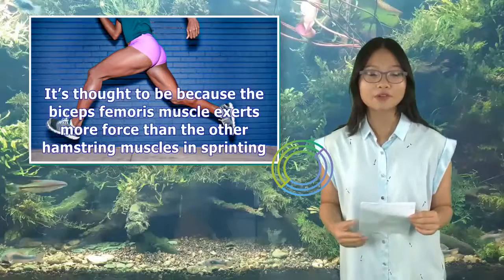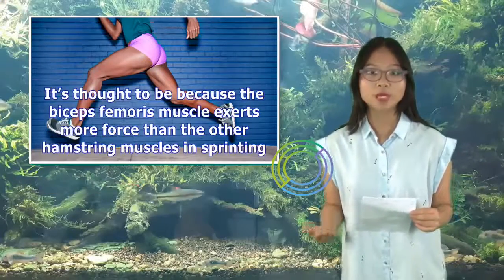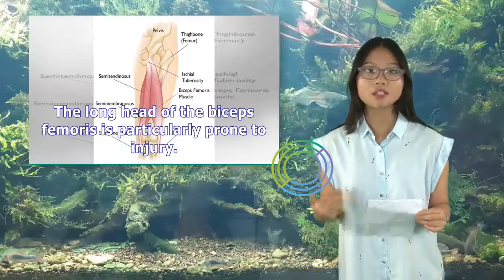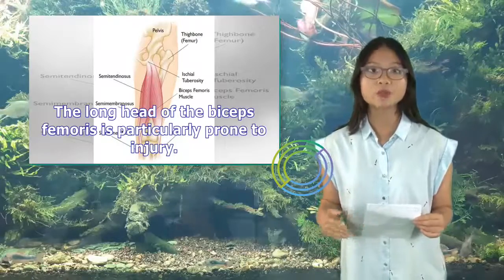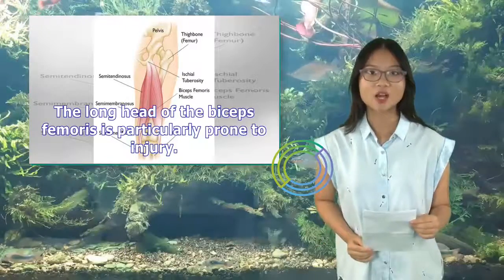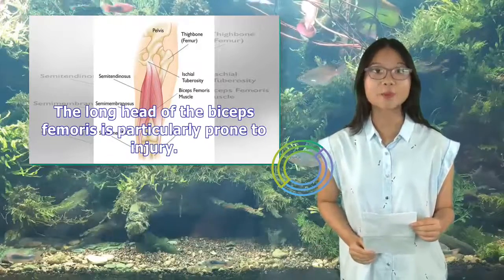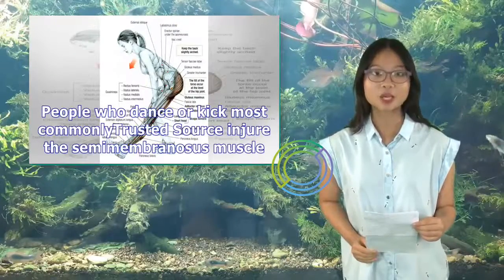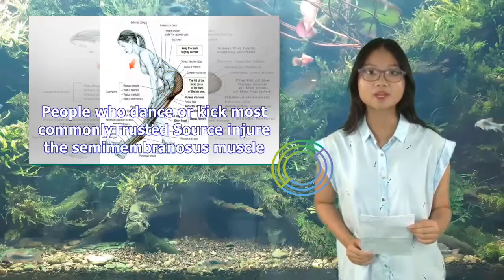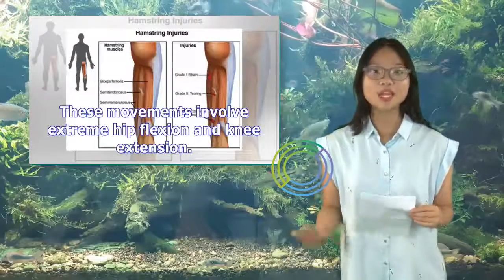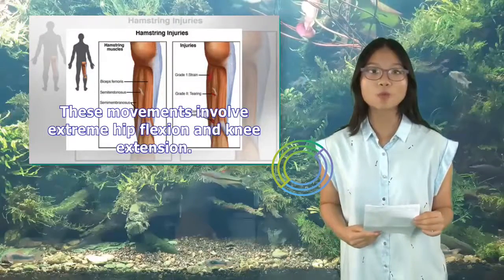It's thought to be because the biceps femoris muscle exerts more force than the other hamstring muscles in sprinting. The long head of the biceps femoris is particularly prone to injury. People who dance or kick most commonly injure the semimembranosus muscle. These movements involve extreme hip flexion and knee extension.